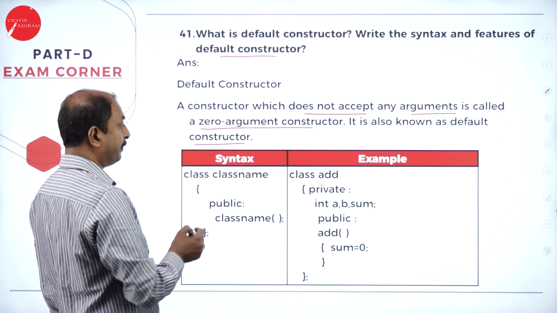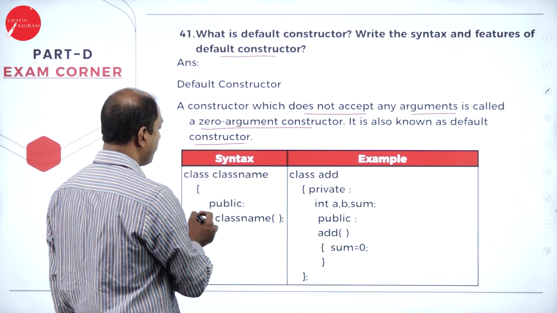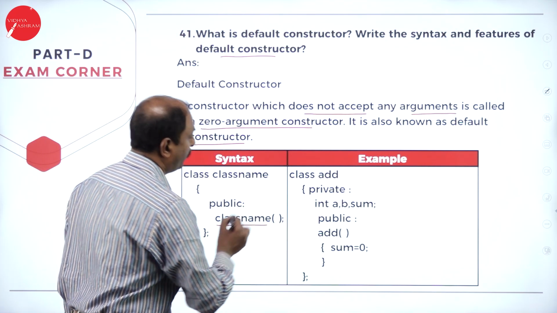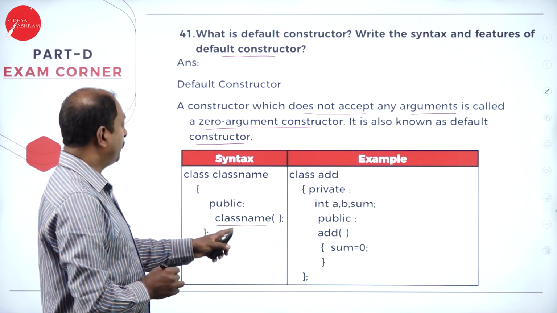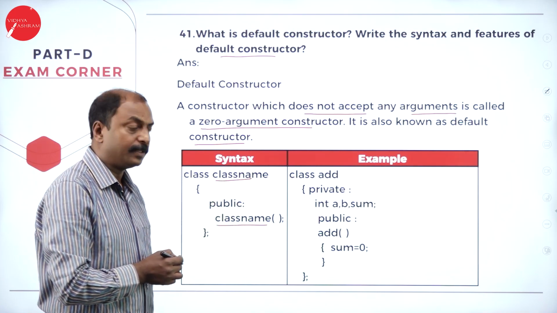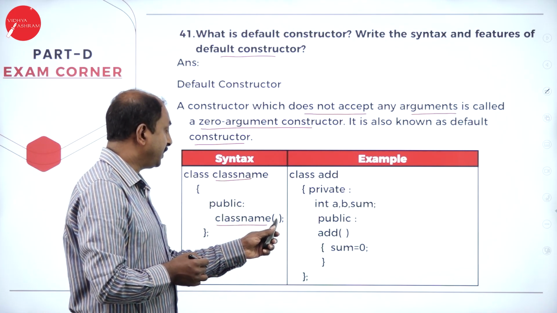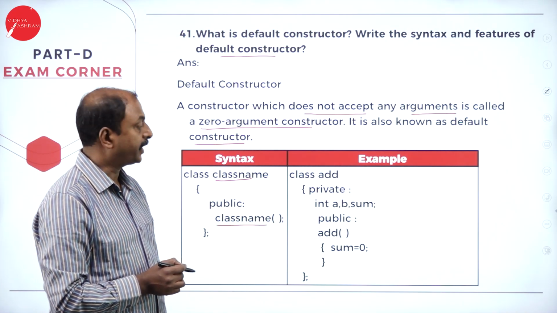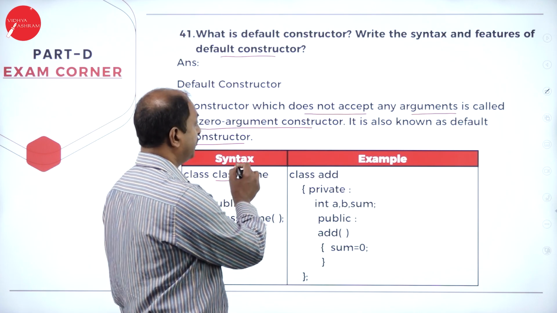Look at the example. The syntax is class name, and here this is a class, and here the class name function with brackets. Because this name is the same as the class, it is a constructor. And if you observe, inside this there are no parameters, so it is a default constructor. This is a syntax example.